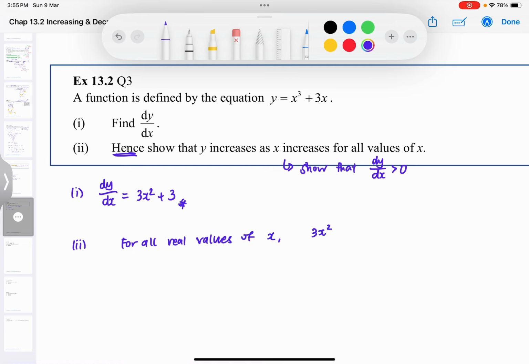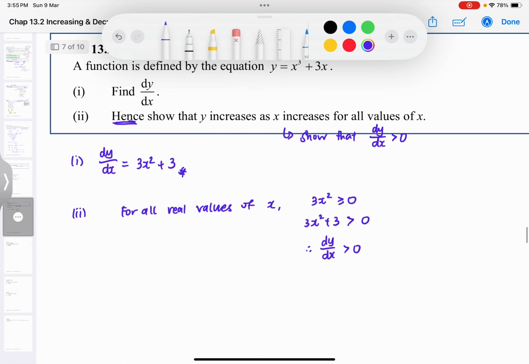3x squared is greater than or equal to 0, right? And then so 3x squared plus 3 will be strictly greater than 0. Okay, so therefore dy over dx is greater than 0.